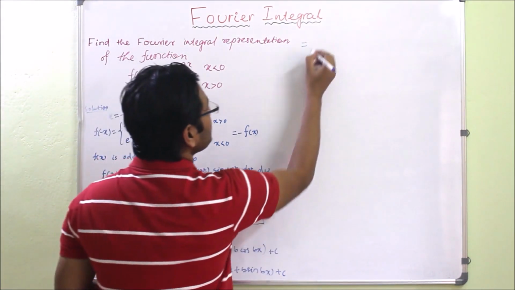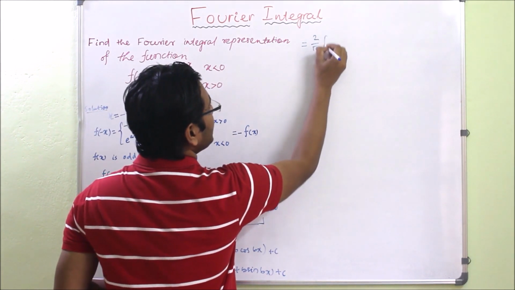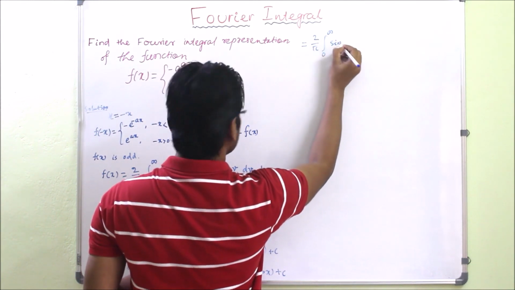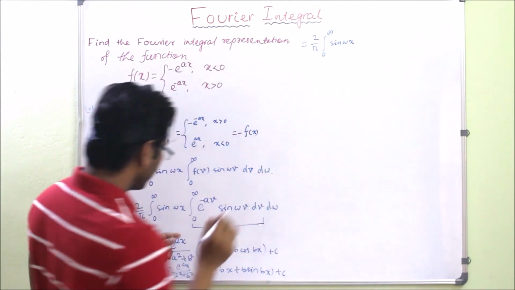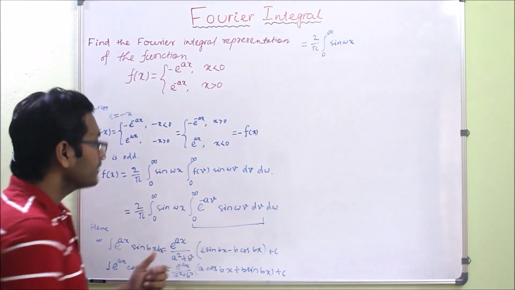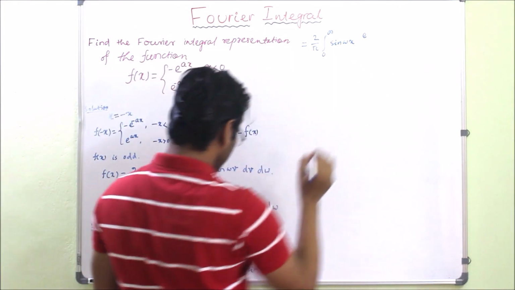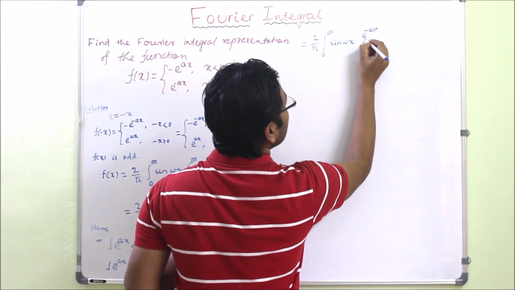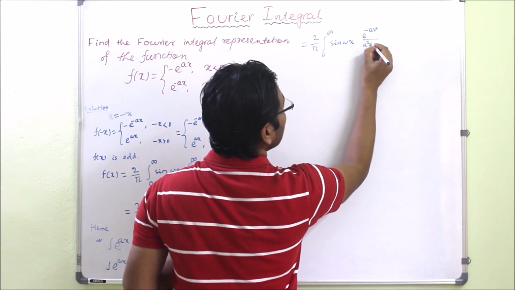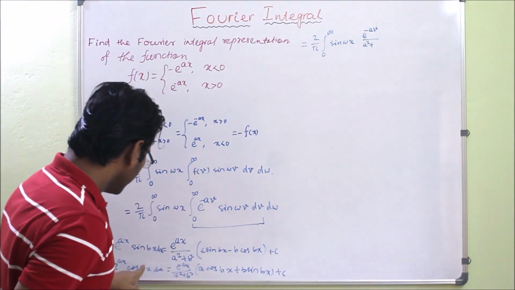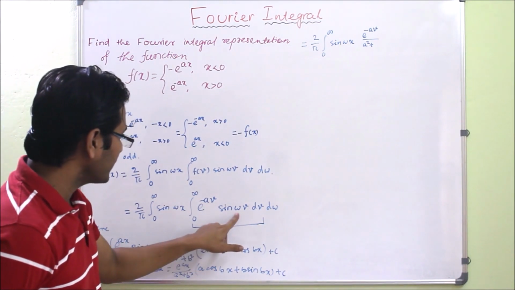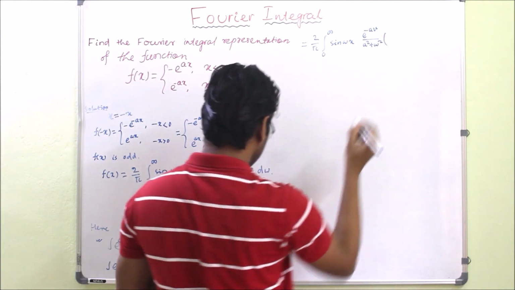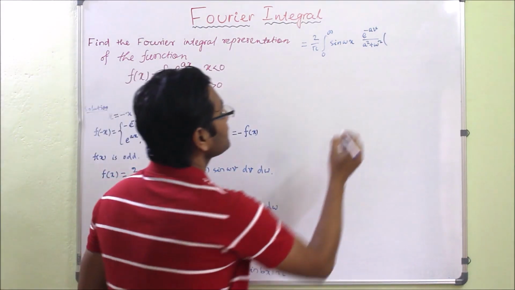Let's see. First 2 by pi will remain the same, then 0 to infinity sin wx. Then inside this we have to apply the formula: e to the power minus av divided by a square plus w square, whole into a sin bx.